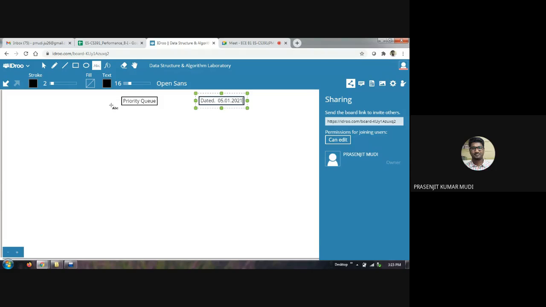It's one type of queue, a special kind of queue. It is a linear queue where elements have three basic components.